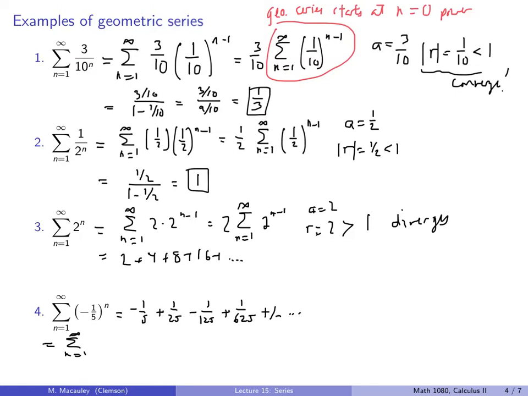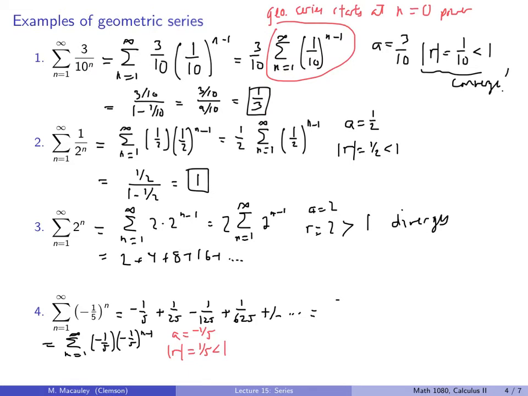Let me write this as negative 1/5 times negative 1/5 to the n minus 1. So my a is equal to negative 1/5. My absolute value of r is 1/5, which is less than 1. So this is going to converge.